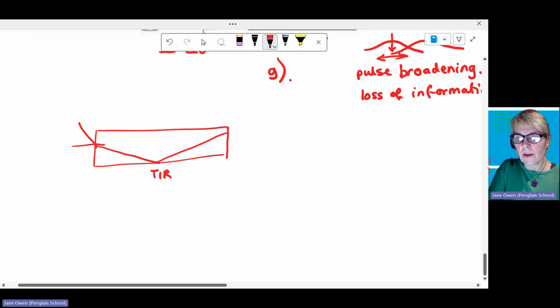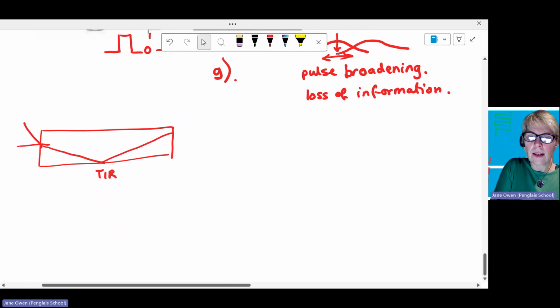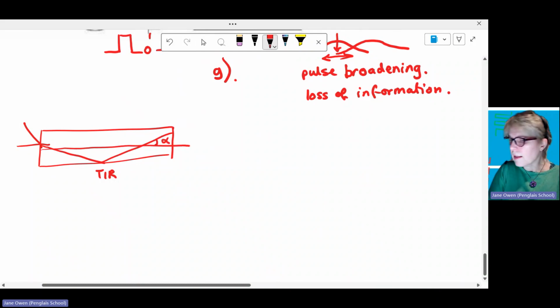And then you've got this light. If you look at the central axis here, all the way down, we call this alpha, the angle at which the light is going down through the fiber optic.